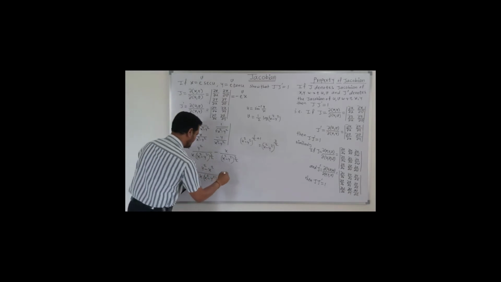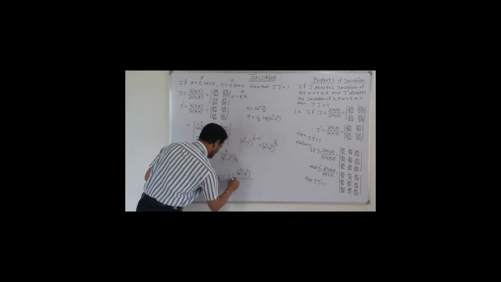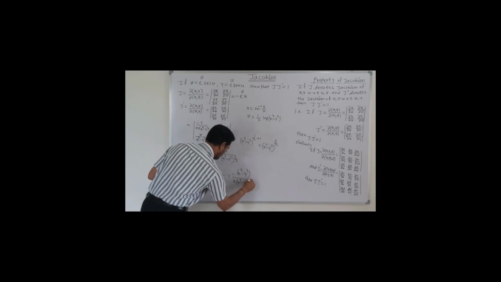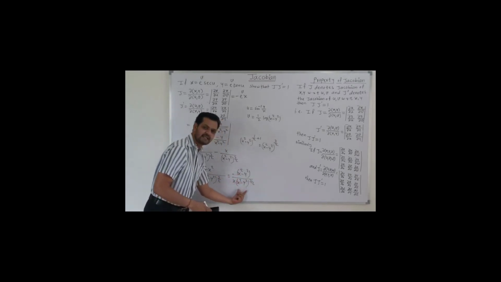Once again, if we reverse the term, then we get x square minus y square divided by x into x square minus y square raised to 3 by 2. So this x square minus y square and this x square minus y square term will get cancelled. That's why we reverse the sign of this expression.